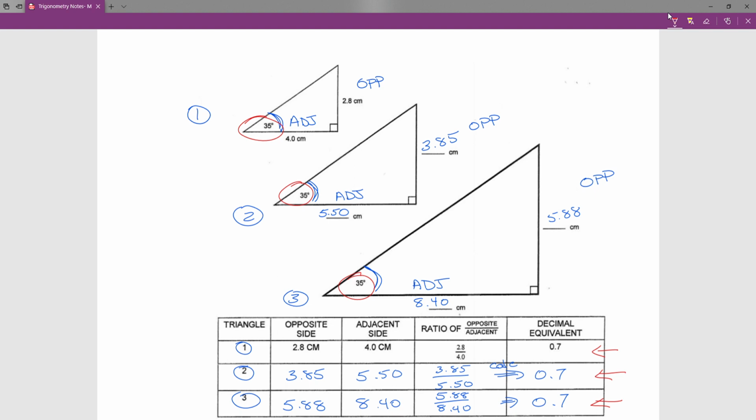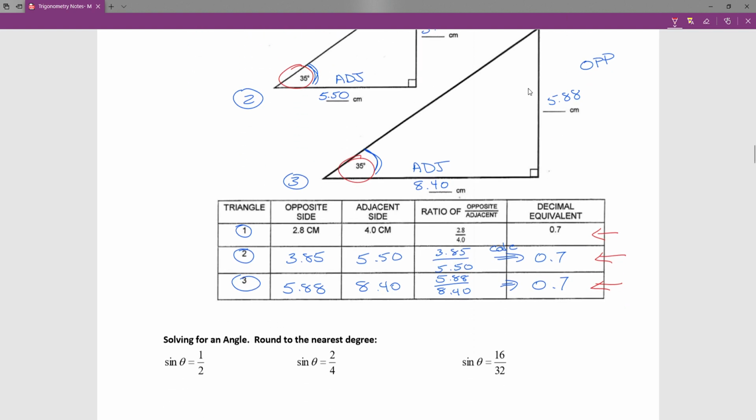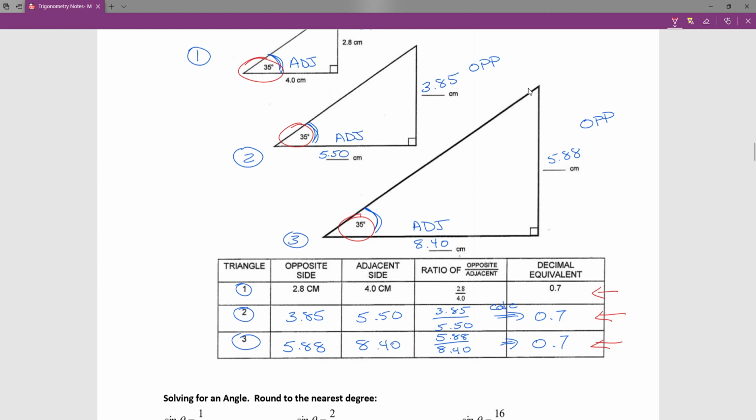So just for fun, we're going to practice using our calculators a little bit here. Take your calculator and punch in tan 35. You want your calculator to say DEG. If your calculator tells you you are in RAD, then we need to switch the functions on your calculator.